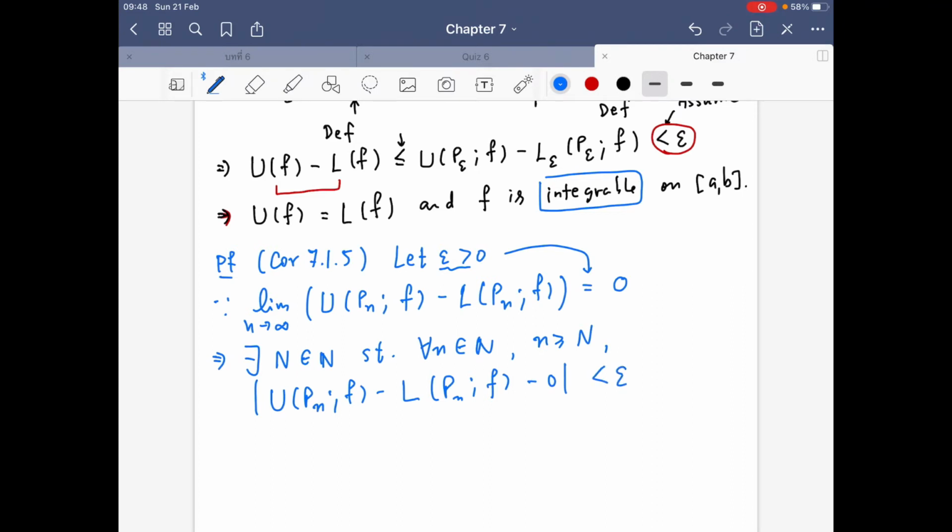Okay, however, because your upper sum is always bigger than your lower sum, you don't really need to have the absolute value, and because the limit equals 0, this one can be shortened by this, right? And what is it that we actually need for the theorem?